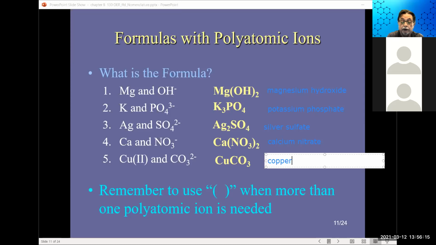That is correct. Notice, if you put a space after the copper, or don't put a space, it makes no difference. I will give you credit for either one. What I mean is right here, for example, a space after copper or no space, either one's acceptable for me.